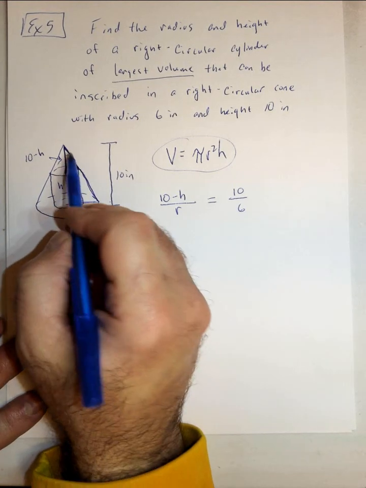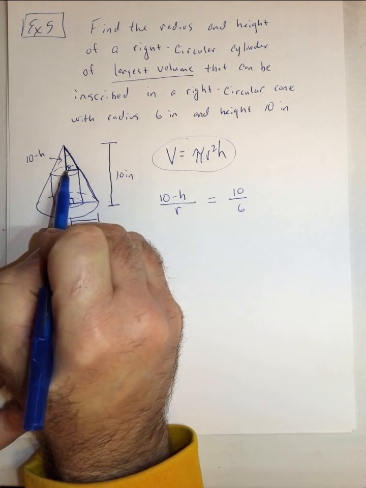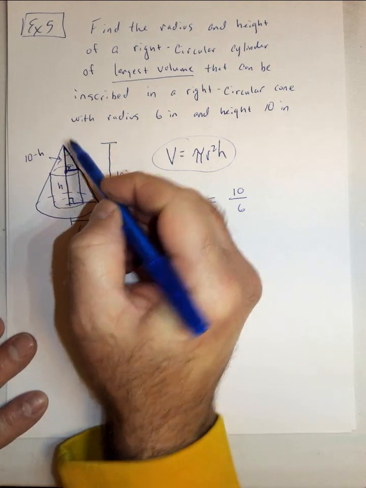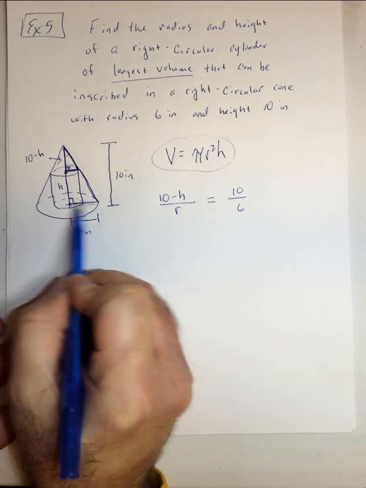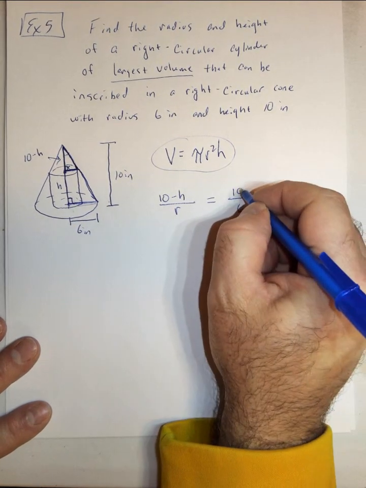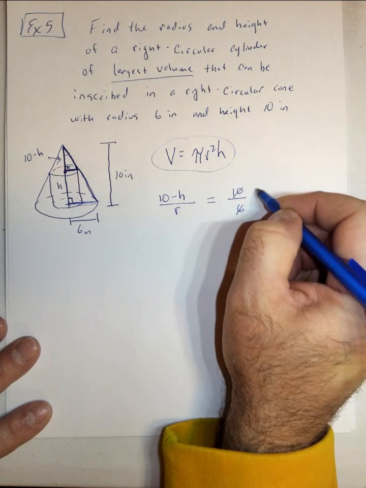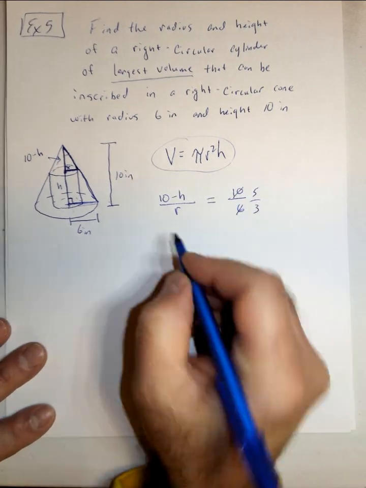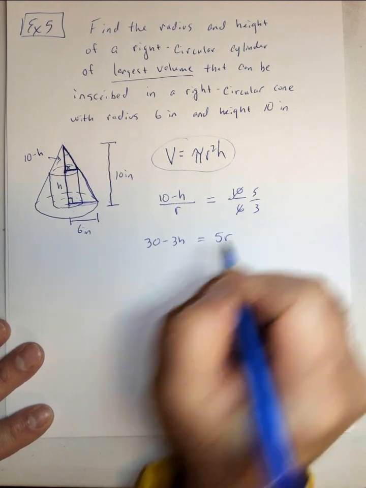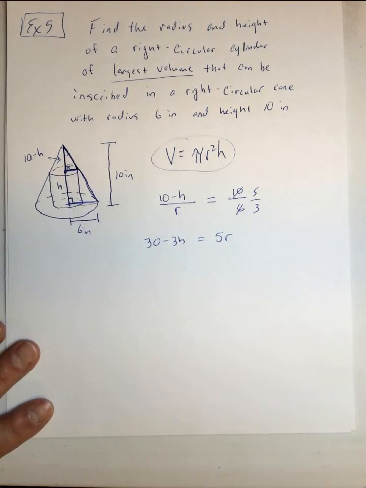So the height is to the radius, or this base, as the height is to the base in the big triangle. Which means that I can divide both of these by 2. I know that 30 minus 3h has to equal 5r.